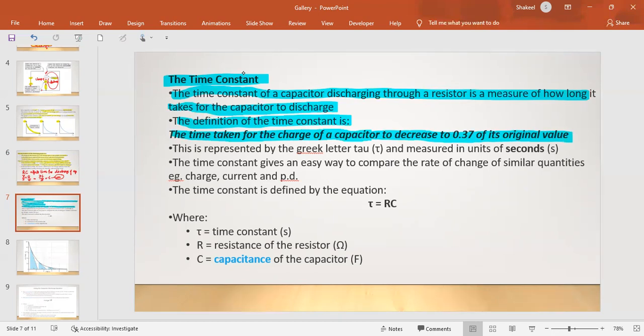It means 63% is gone. Actually it's 62.8, but we round it off to 63. So we can also define the time constant as the time taken for a capacitor to charge to 63% of its total capacity, or the time taken by a capacitor to discharge by 63%, leaving 37%.